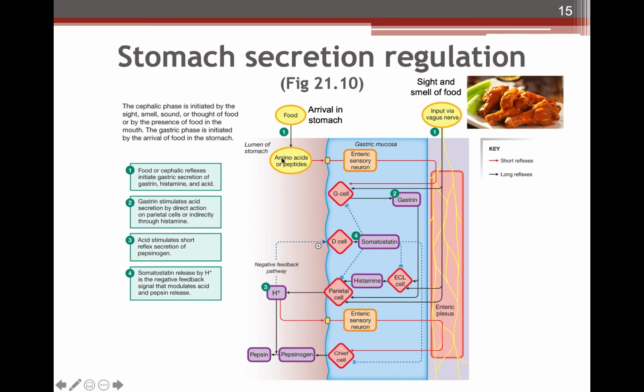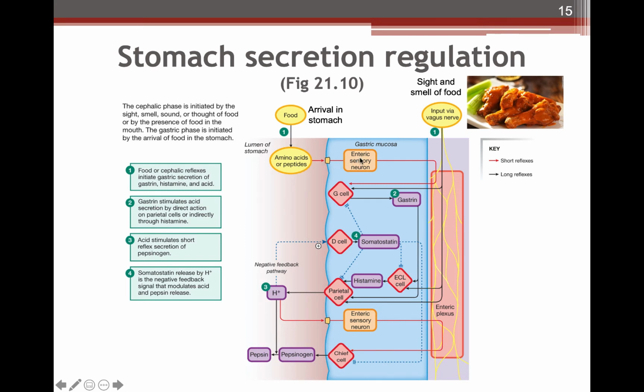So here's the way the story begins. Remember, we always start with these yellow ovals. These are the stimuli, and we're not doing feedback loops, but you always want to start with a stimulus. That's what kicks off any sort of sequence of events. And so when food is arriving in the stomach, it probably has amino acids and peptides in it. Well, you have little chemoreceptors in the gastric mucosa that will detect the arrival of these amino acids and short peptides.